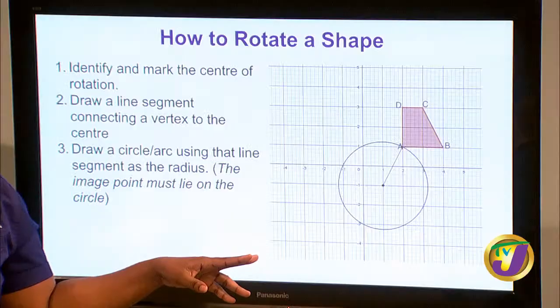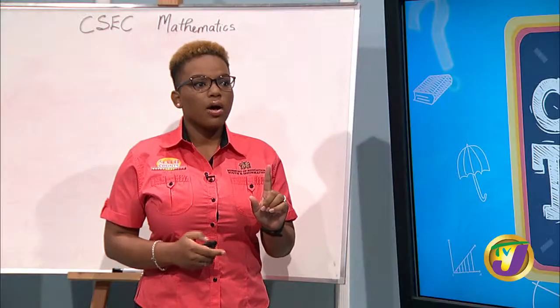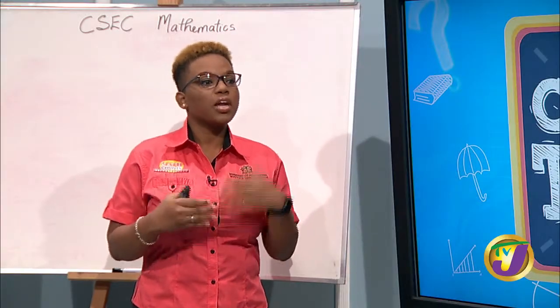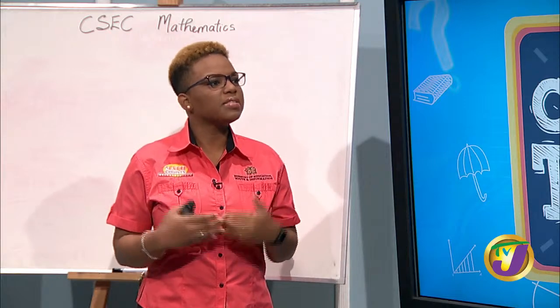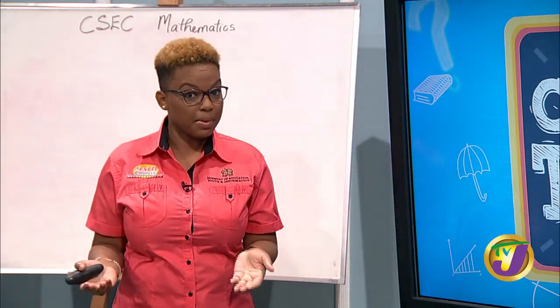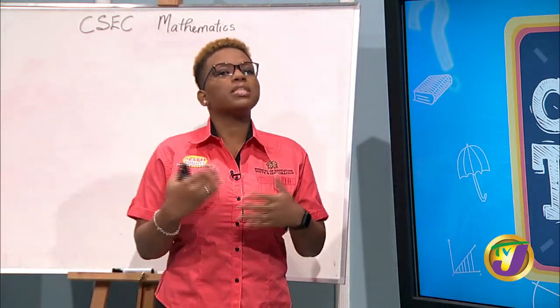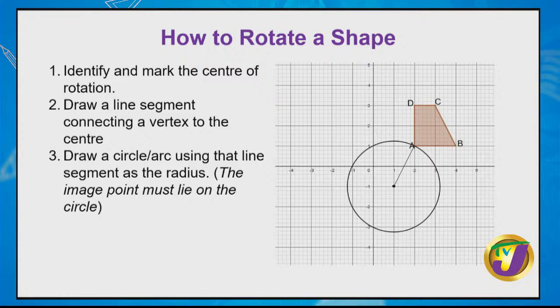Before you continue, though, we would have mentioned A prime, but I don't think we would have said to our viewers what A prime is. So when we rotate an object or pre-image, we denote the name of the shape, which is now our image, with primes.